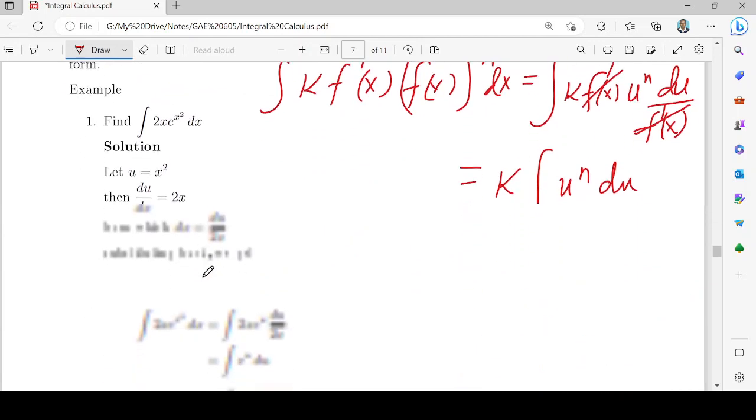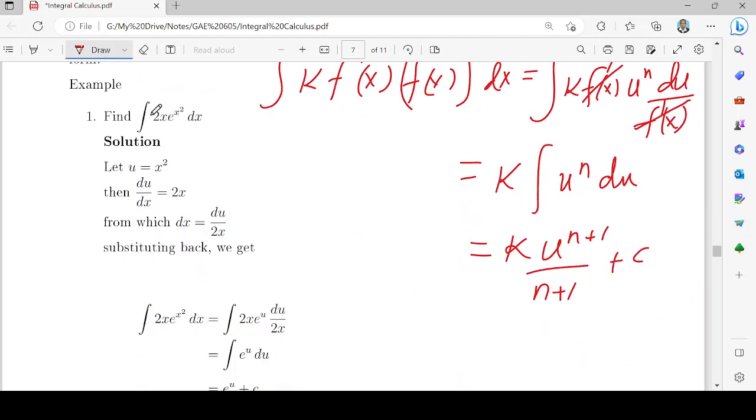Let's do an example. Here we have the integral of 2x times e raised to power x squared. Now, this can be seen to be a function of another function, or a composite function. That is the exponential function raised to some function f of x.